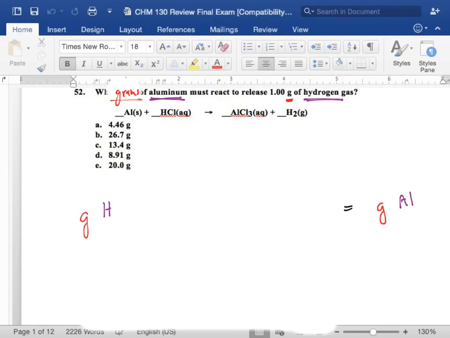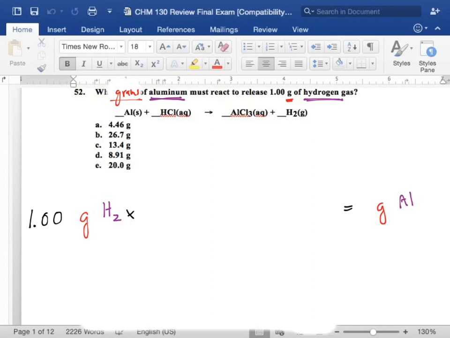What do I need to be careful on here? H2 to H. This is H2. Okay, hydrogen gas is by definition diatomic. It's a diatomic element. We have to know that. The numerical relationship given with that was our 1.00 grams.